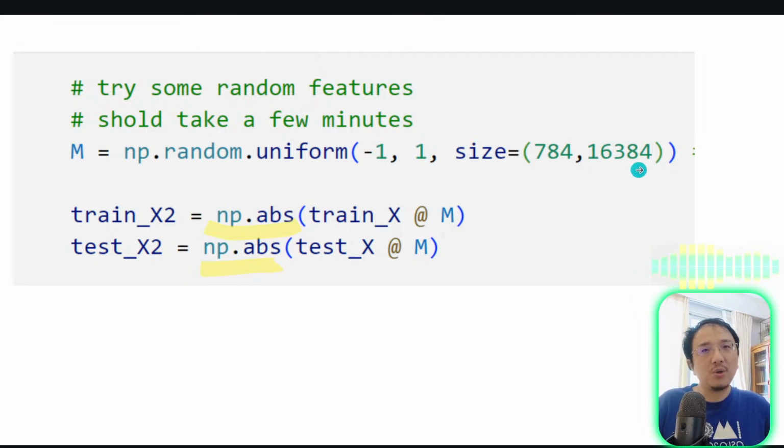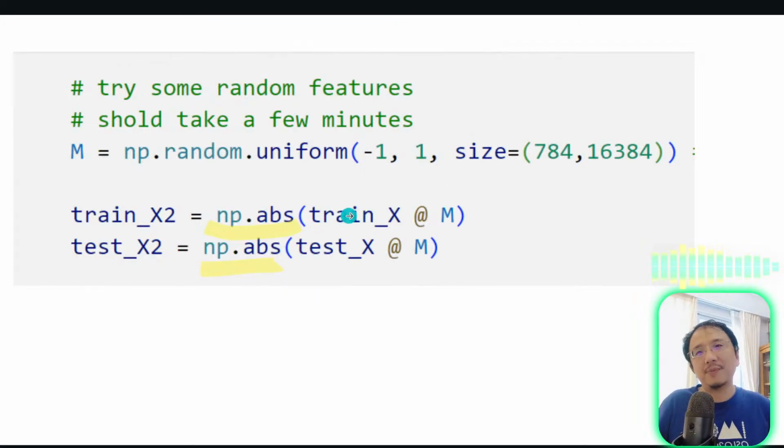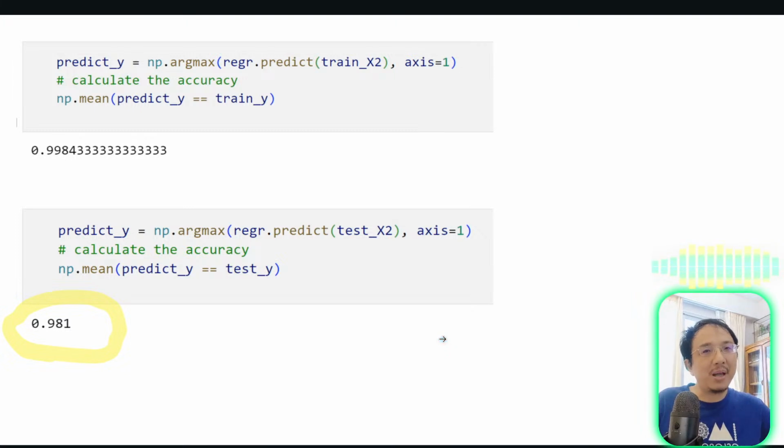You can use a smaller size to repeat my experiment. 4,000 works, but you probably get something like 96 or 97% accuracy. But if you do exactly what I did here, you probably will get something close to 98%, which already beats our baseline.